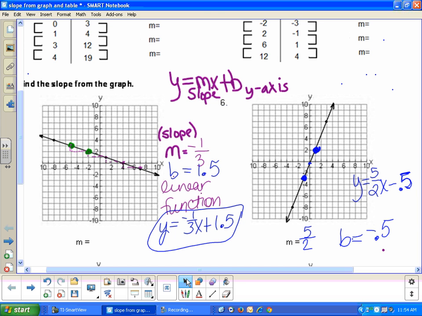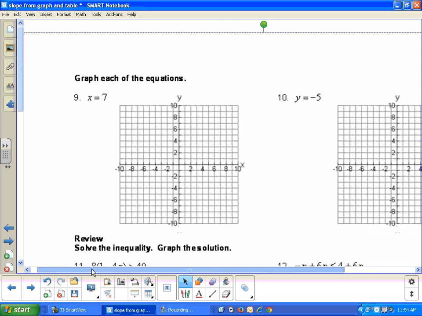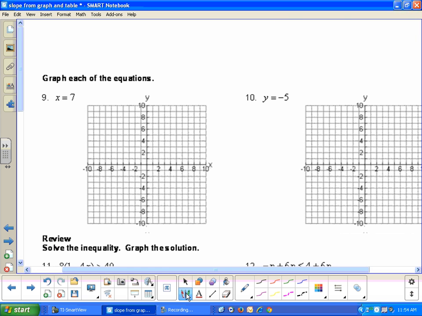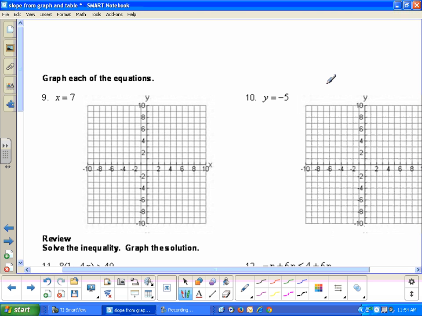Okay, special case. Look on the top right here. It says graph each of these equations. What does this mean? It says x equals 7. Seven mean what?